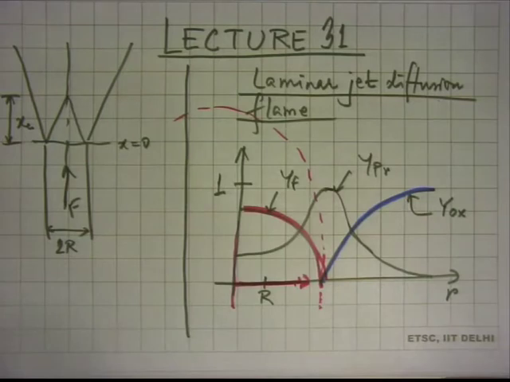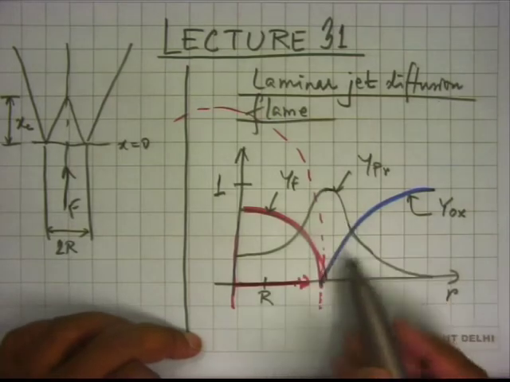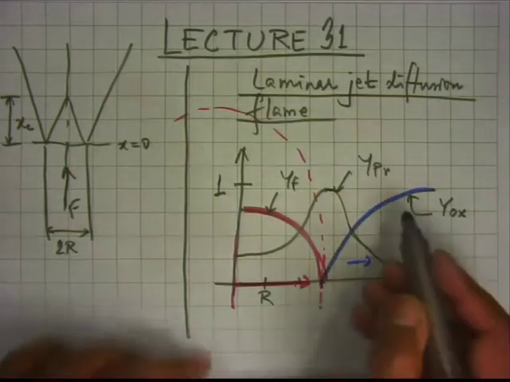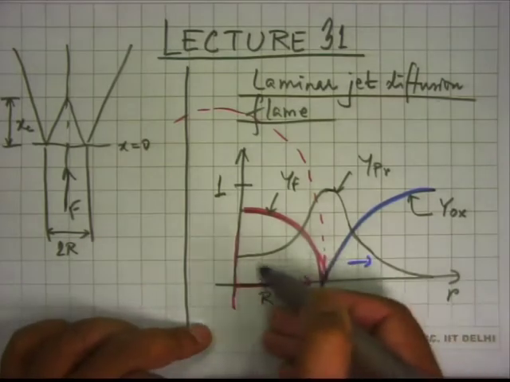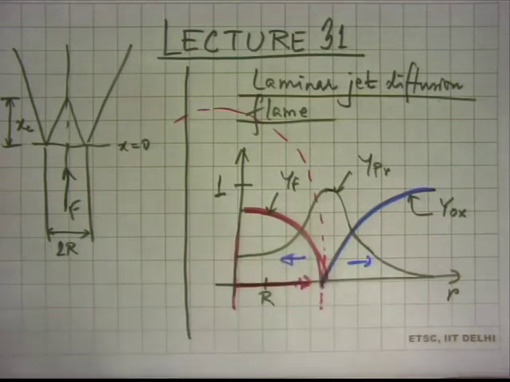So the way I have drawn it, it seems to suggest that there will be no fuel if you cross this surface, the fuel surface. If you go this side, there will be no fuel. And similarly, if you cross over this way, beyond phi equal to 1, if you come to the interior of the flame, then again there will be no oxidizer. Now, is this actually correct? This is in fact an idealization. It is not exactly correct.